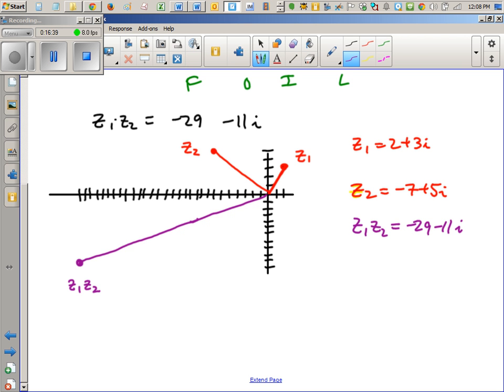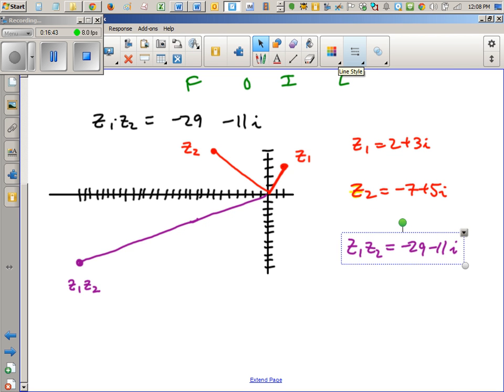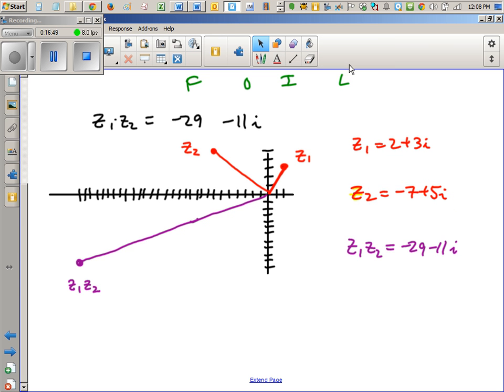Keep your calculator in degrees mode, even though you used radians maybe last night, okay? You will not miss this. It'll definitely stand out at you. Converting to polar means use Pythagorean theorem to get the modulus, use inverse tan to get the argument, and write a modulus cis argument.